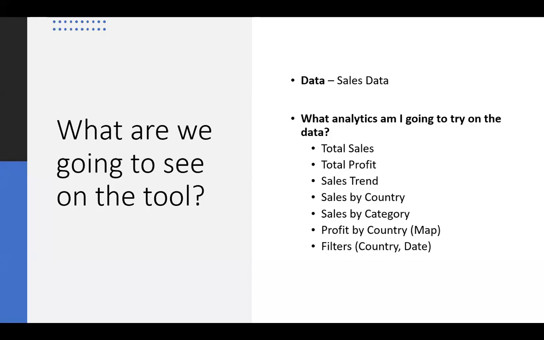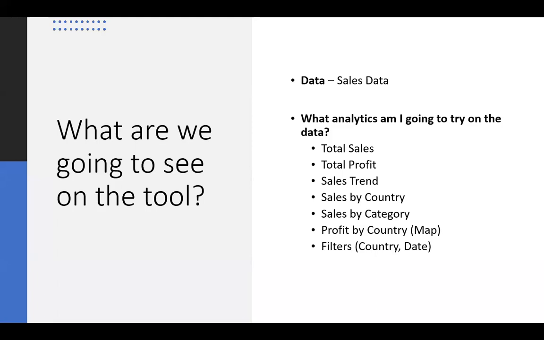We're going to be taking a sample sales data, and in that data, we're going to try to analyze and plot a few things. What are we going to be analyzing and sharing? We're going to do simple metrics like total sales and profit.